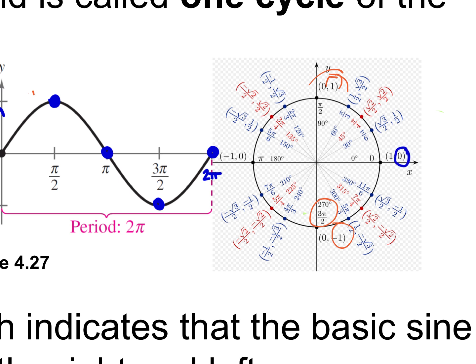If we then go to pi over 2, our y is 1. If we go to pi, our y is back to 0, so we're back at 0. At 3 pi over 2, our y is negative 1. And then when we go back to 2 pi, we're at 0. So these values correspond to the unit circle.